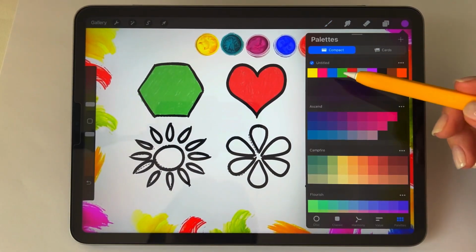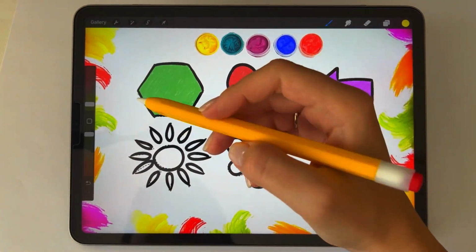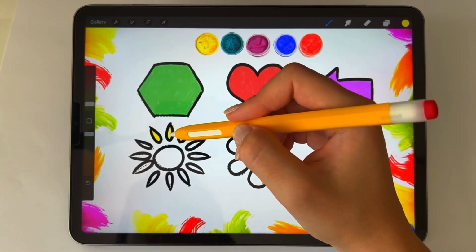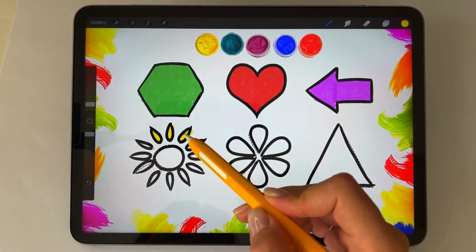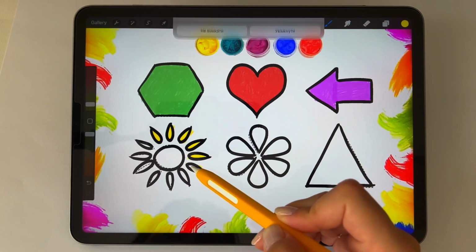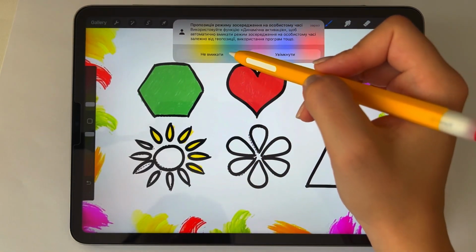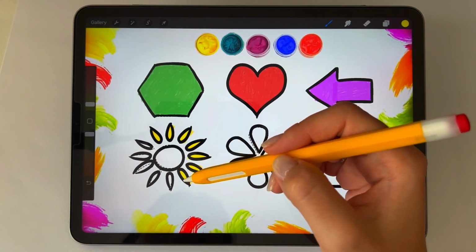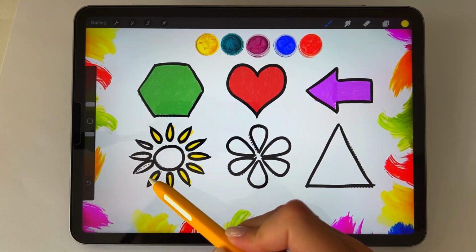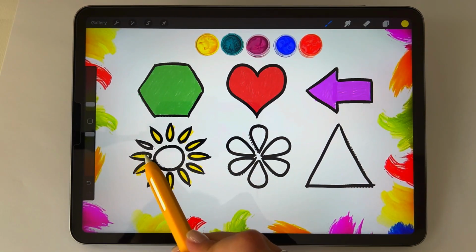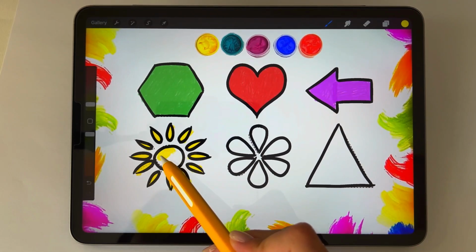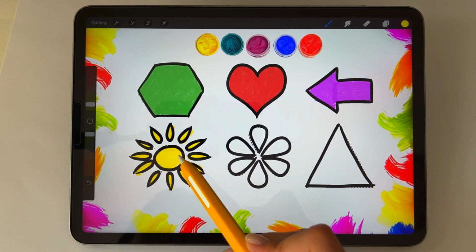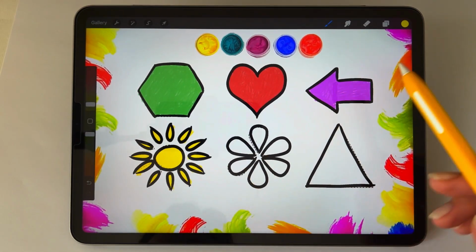For the sun, I am taking yellow. This is a yellow sun.